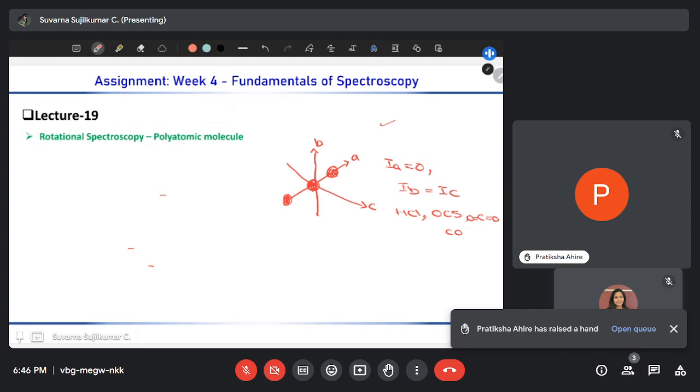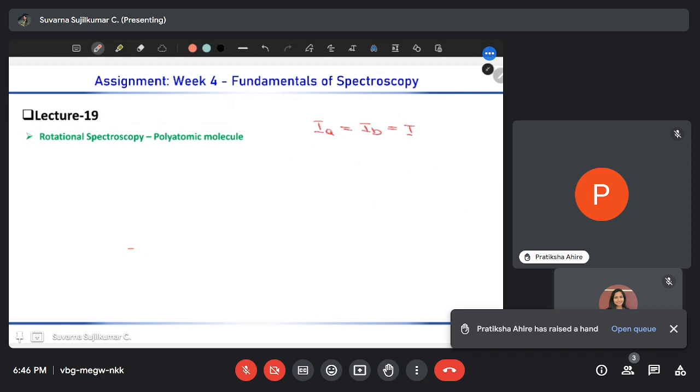Let's have a quick recap of all of them, so it will be easy to do questions then. So for a spherical rotor, we have IA equal to IB equal to IC, right? Examples are CH4, SF6, and C60. CH4 has a tetrahedral geometry, SF6 has an octahedral geometry, and C60 has an icosahedral geometry.